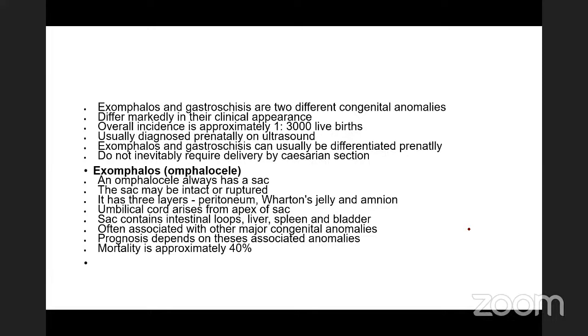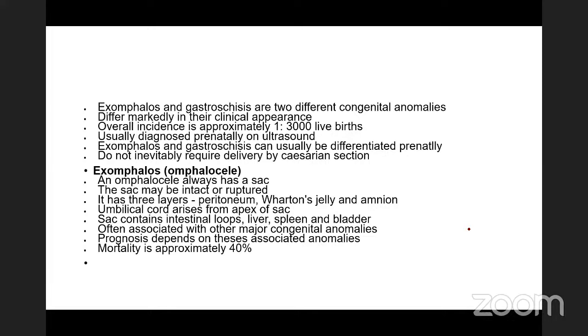It is often associated with major congenital anomalies. Now, don't forget, the reason omphalocele will have a poor prognosis is because of other associated abnormalities they may come with. Prognosis depends on these associated abnormalities.